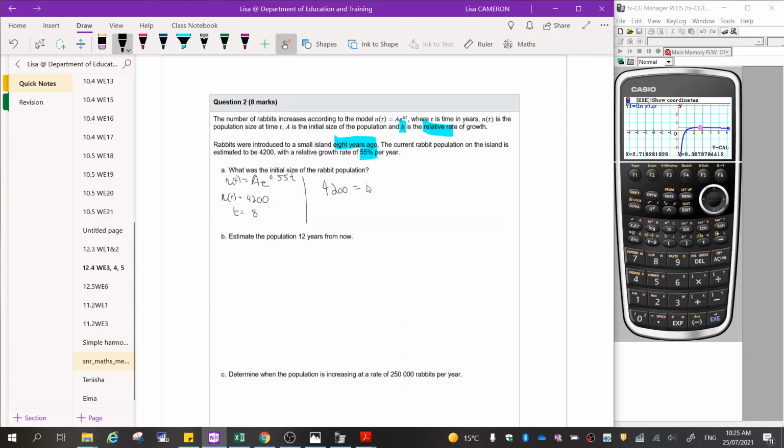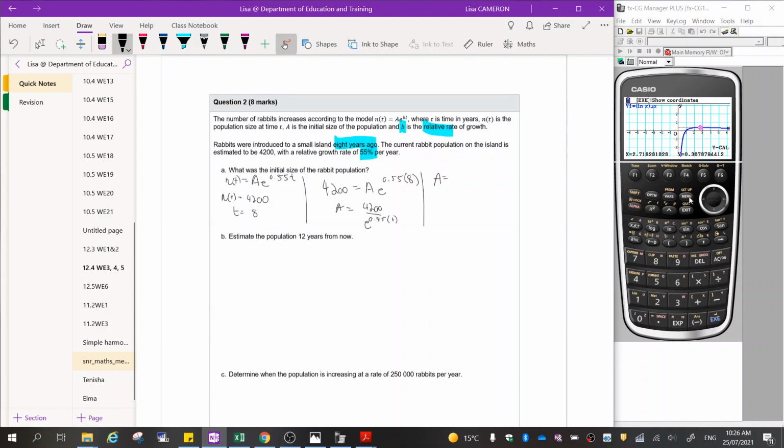So 4,200 is equal to A e to the power of 0.55 times 8. So then that means that A is equal to 4,200 divided by e to the power of 0.55 times 8.